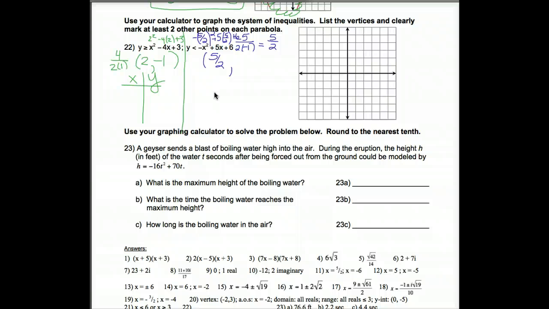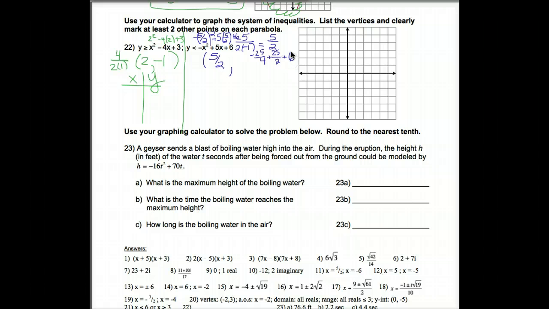5 over 2 squared, you would just square the top and square the bottom. So that's going to be 25 over 4. And then because the negative's in front, that's going to be -25 over 4. 5 times 5 over 2 is 25 over 2, and then plus 6. So we just need to combine those like terms there.